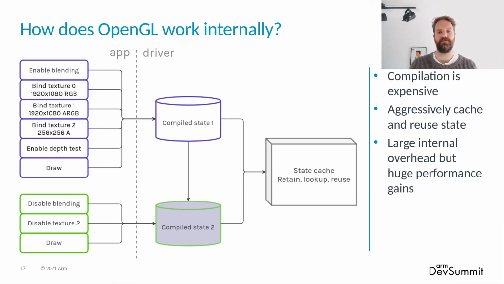Because this compilation process is actually quite expensive, and so is even just the resource allocation and filling the descriptors. So all competent and performant GL drivers have this huge state cache within them, and quite complex to hide from the user that everything they're doing ends up being surprisingly expensive.